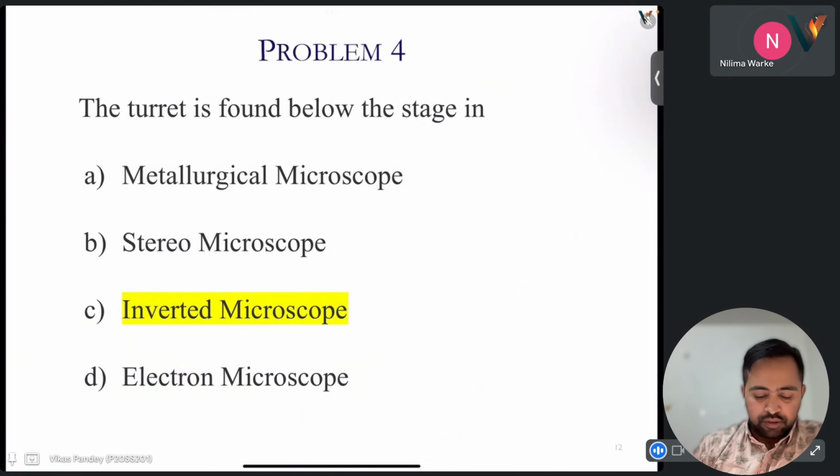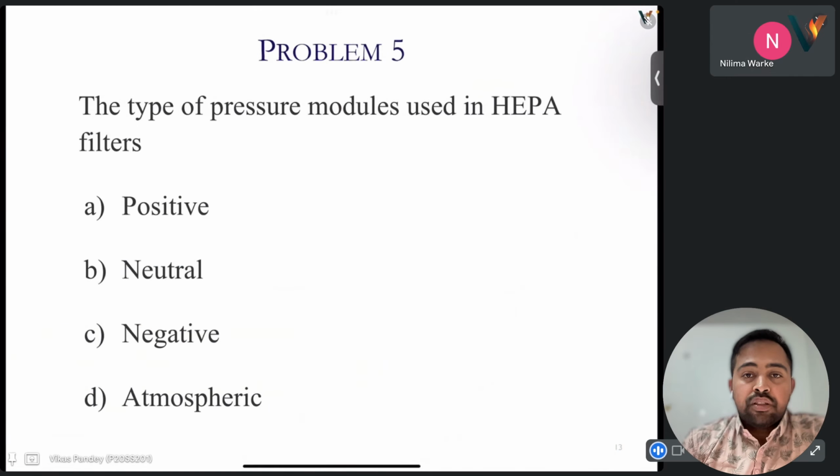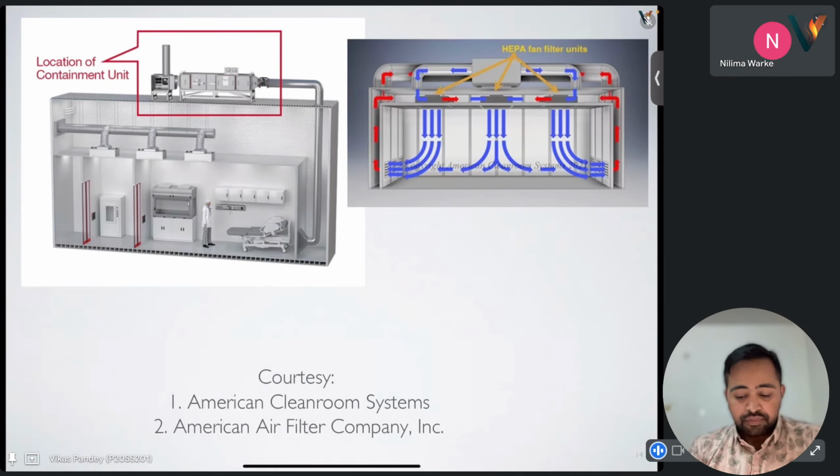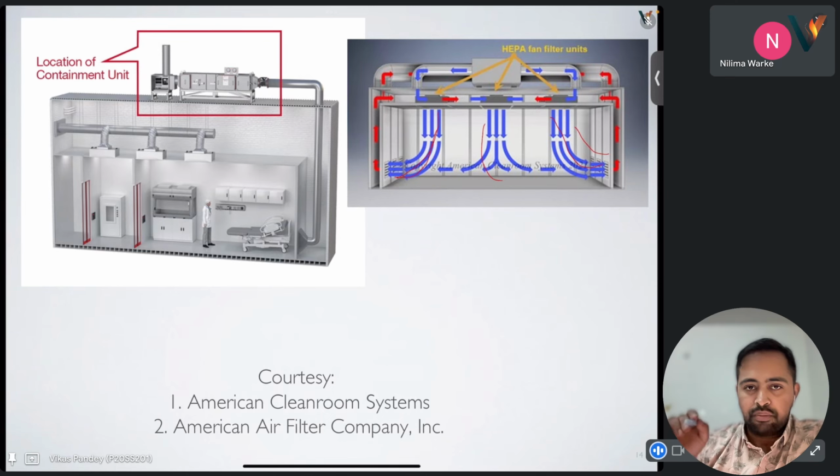The type of pressure modules used in HEPA filters are positive, neutral, negative, or atmospheric? Positive. I think we discussed this earlier also, right? So we always maintain a positive pressure inside the clean room so that particles can go out of it but cannot come inside.